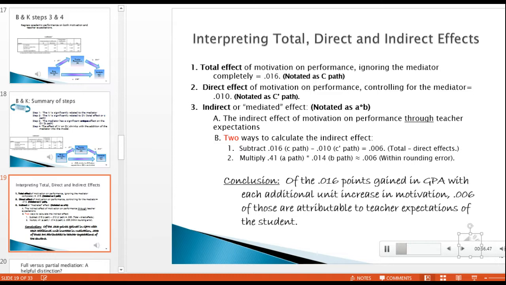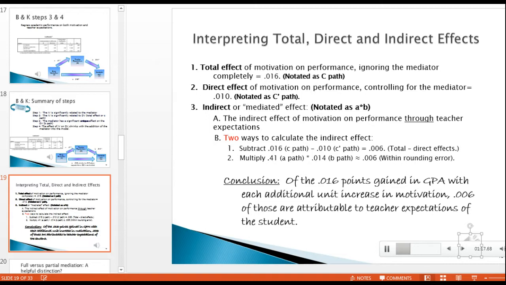So when we regressed the performance variable on both the mediator and the IV, we would have a significant direct effect if the IV is still significant, the B weight. And remember that B weight was 0.010 in this case. And so remember that's the slope for each unit increase in motivation.